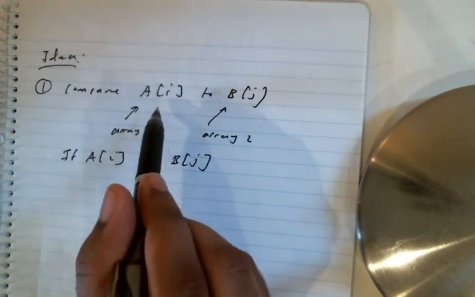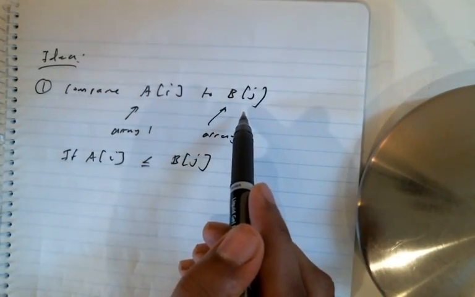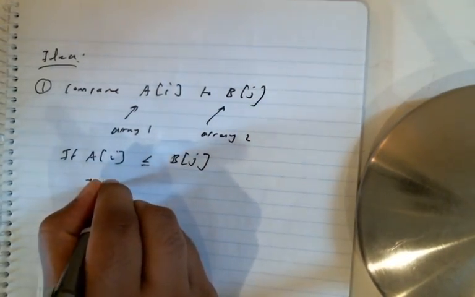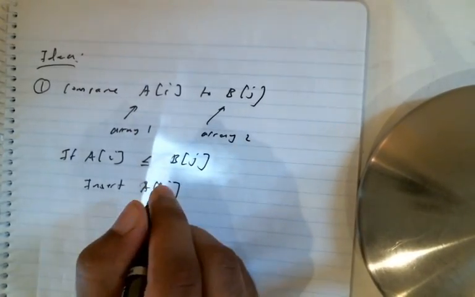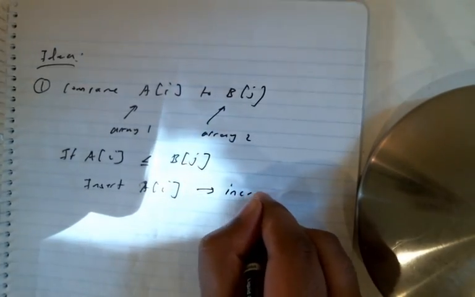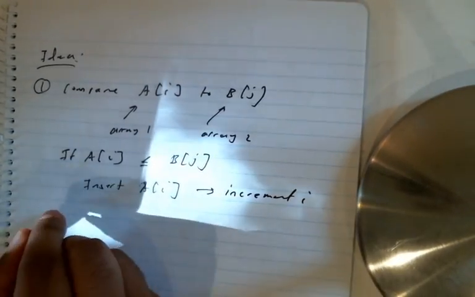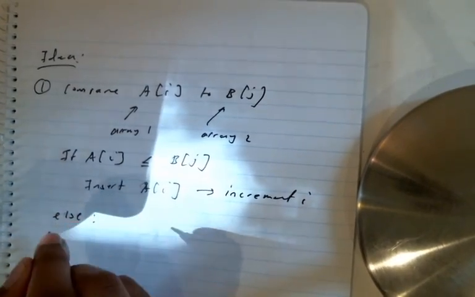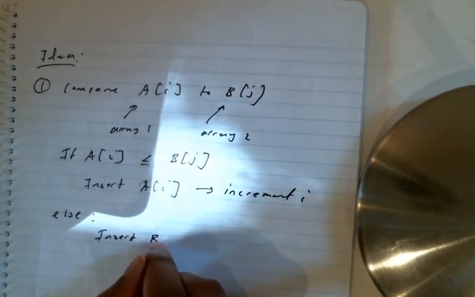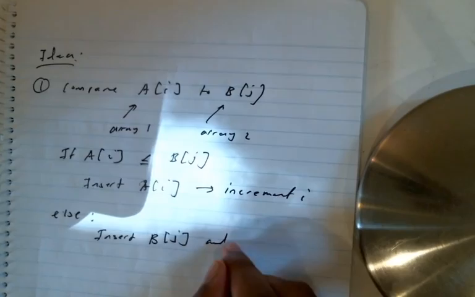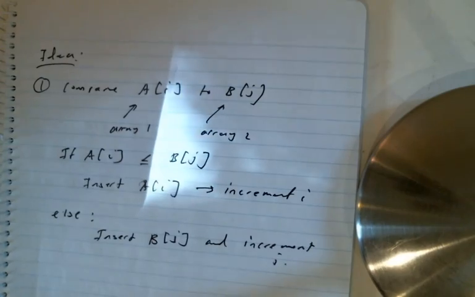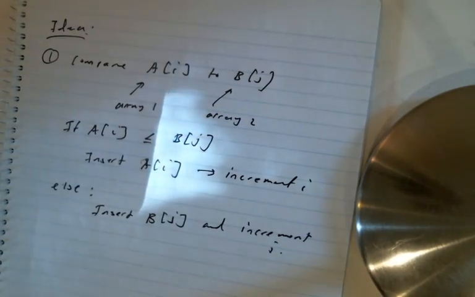So if the first element of array 1 is less than the first element of array 2, then the first element of array 1 goes first, right? So we insert A_i, okay? And increment i. This is the key. Increment i. And otherwise we insert B_j and increment j. Okay, so how does this even work, right?